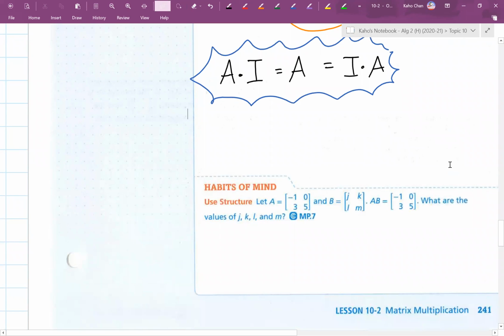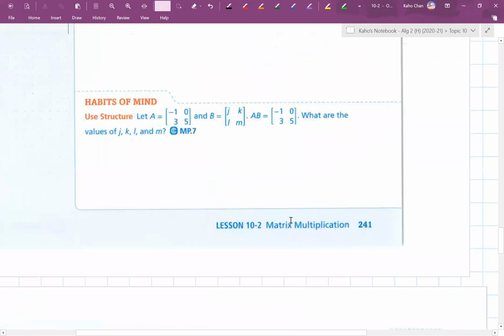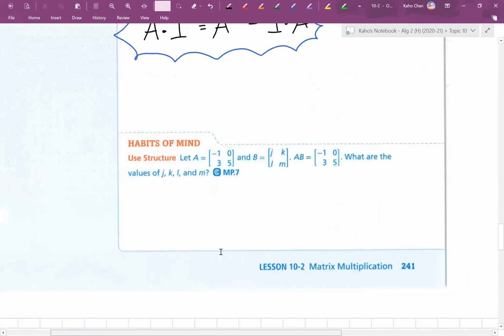Now, the bottom habits of mind here reminds me of something you might find on an SAT, ACT. And I'm not going to skip this because this is pretty important. I've seen problems like this all the time. They want you to solve 4 variables, but the problem is presented using matrix multiplication as a start.